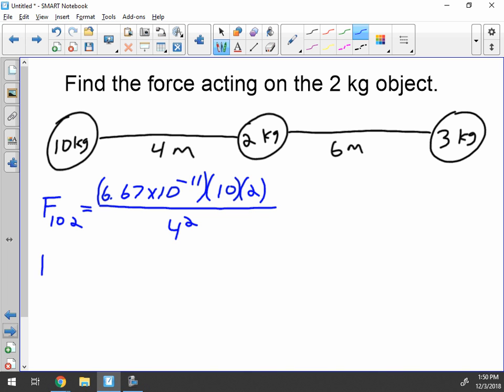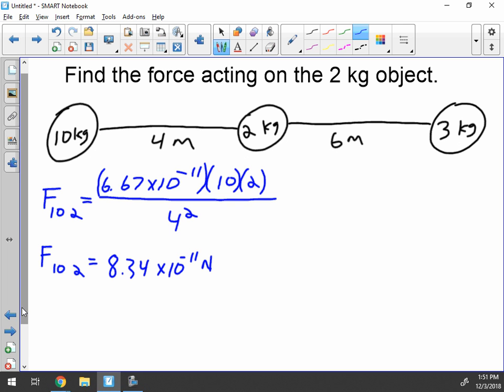And I put that in the calculator, and I find that the force between those two objects is 8.34 times 10 to the negative 11 newtons.